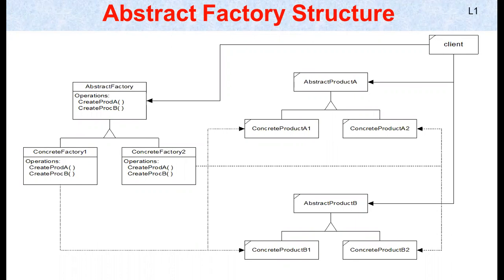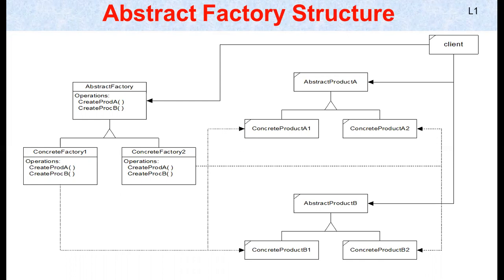In this UML class diagram, the client class requires product A and product B objects, but does not instantiate the product A1 and product B2 classes directly. Instead, the client refers to the abstract factory interface for creating the objects, which makes the client independent of how the objects are created. You can clearly see that the factory one class implements the abstract factory interface by instantiating the product A1 and product B1 classes.